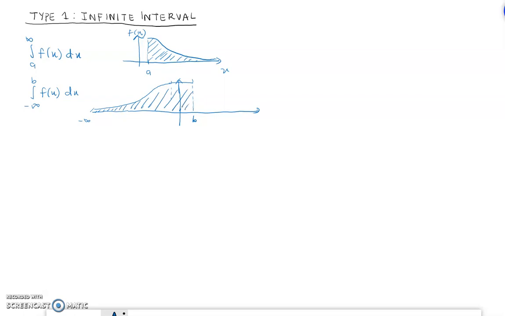And the last one is the interval from negative infinity to infinity of f(x) dx, from a very big negative number to a very large number. This is the meaning of the integral from negative infinity to infinity of f(x) dx.